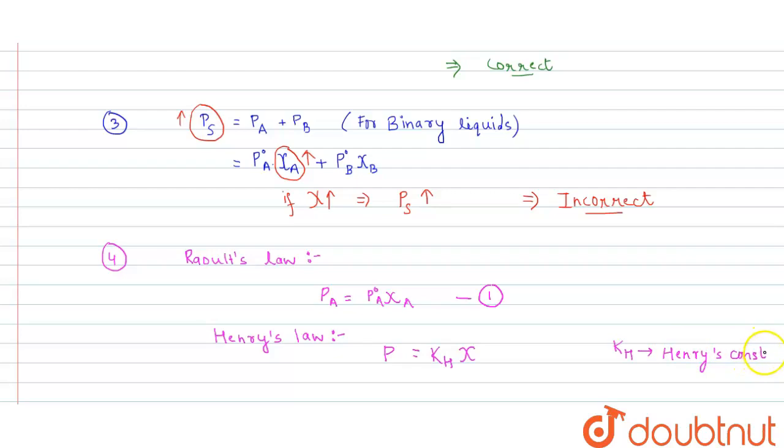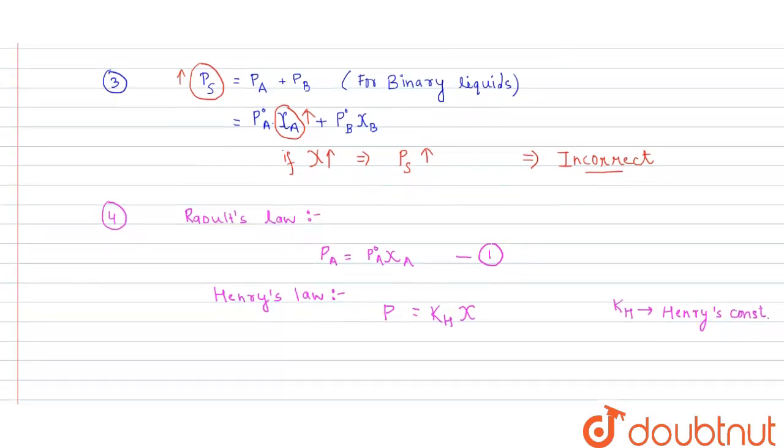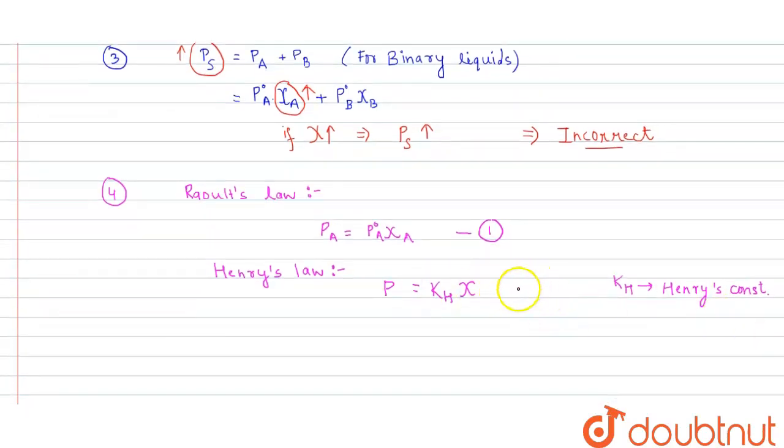Let me number this as 2. If you observe this expression of Henry's law carefully, the Raoult's law expression and Henry's law expression are quite similar. Why? Because the P term and the mole fraction term are common in statements 1 and 2 respectively.